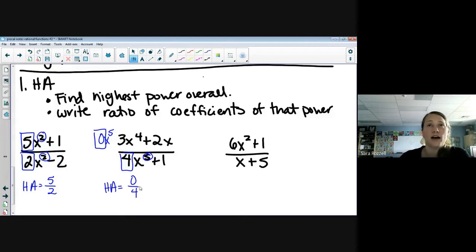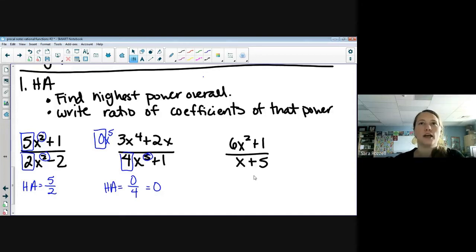And what is 0 divided by 4? 0. So my horizontal asymptote is at 0, which just goes along the x-axis. Thumbs up if that's okay. Okay. All right. Our last one.